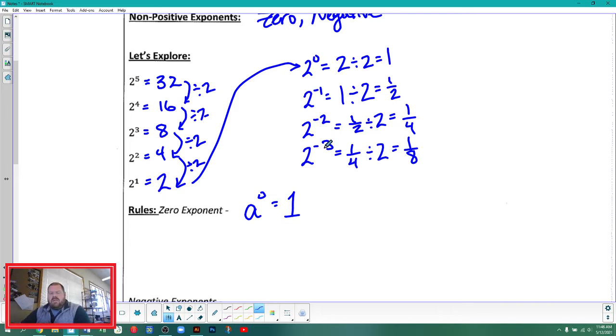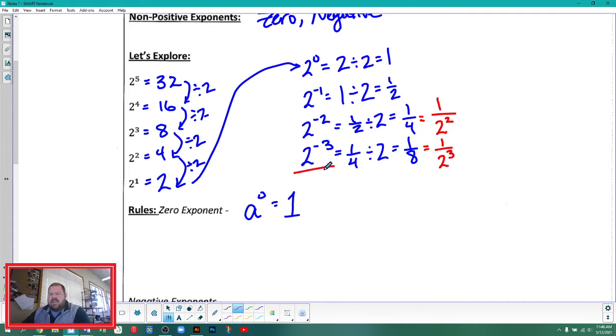And then something that's a little bit harder to see, but we can see it, is that if we look at the ones that ended up as fractions, the 1/4 I could write as 1/2 to the second power. And the 1/8 is 1/2 to the third power.